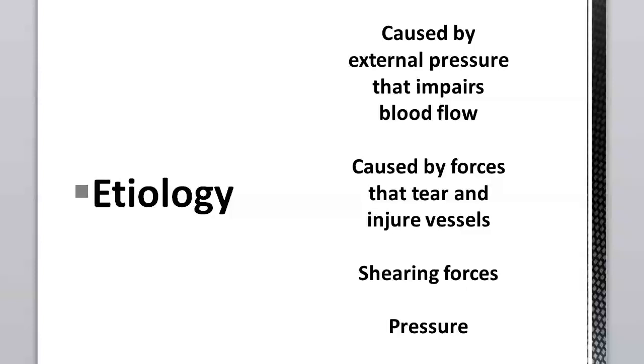What we have to remember is we do not want to drag those patients across the sheets, because that also creates that shearing force that makes the area, especially the buttocks and the bony prominences, more susceptible to a pressure ulcer. That's why nurses and other ancillary personnel caring for patients need to actually lift the patient up instead of pulling on the patient.